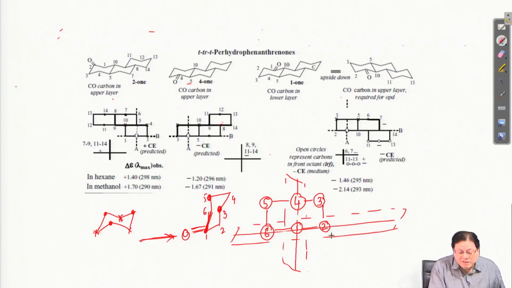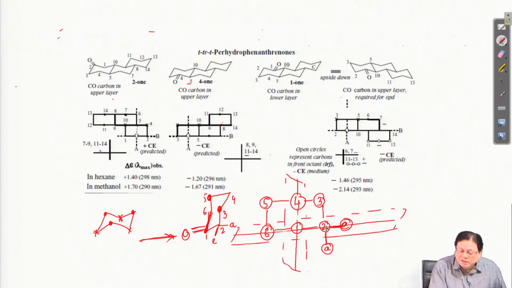Then the substituents, because everywhere there is an equatorial and an axial substituent, you have to be careful which way they go. The equatorial goes in the horizontal direction and the axial goes along the vertical direction, up or down.